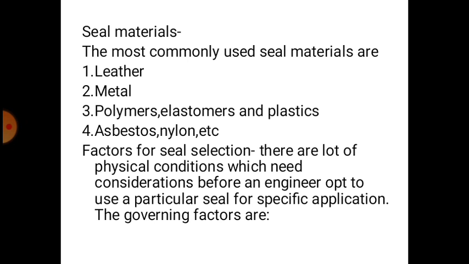So the design engineer must know the properties of the seal materials, and the maintenance engineer also must know the properties of the seal material so that he can select the seal which is suitable for the particular application.